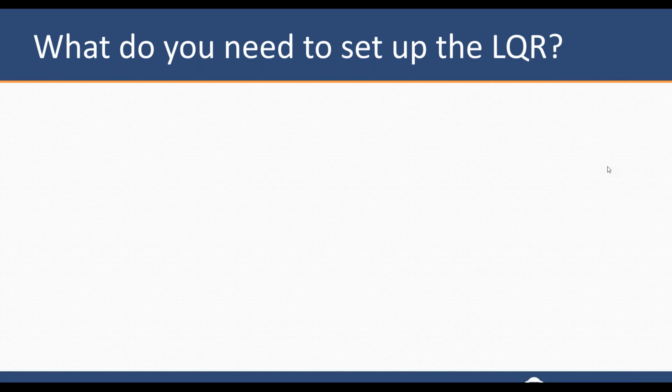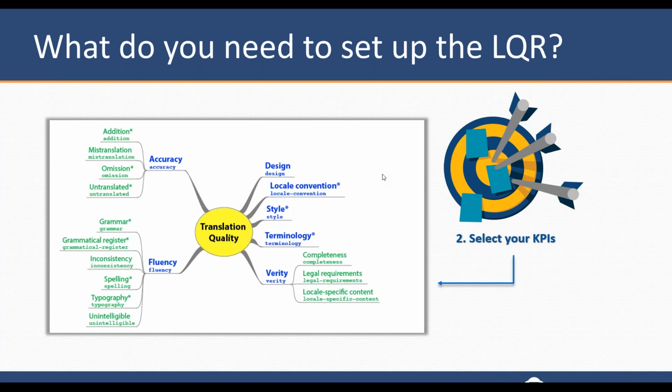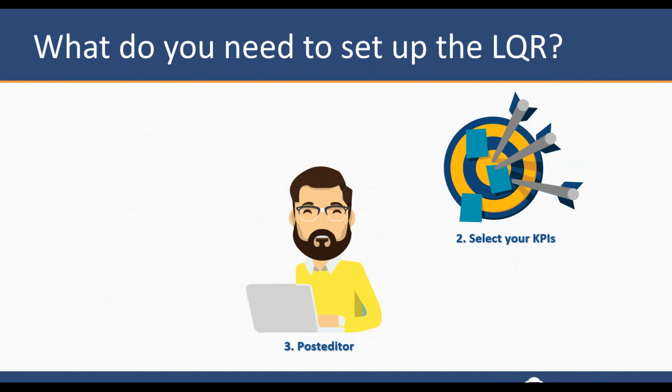So what do we need to set up the LQR? First of all, we need our test sets, as we saw as the first one, and then we need to select the KPIs. For the KPIs, the indicators that we have defined in our platform, we have based them on the MQM system, which is this one that you can see now.